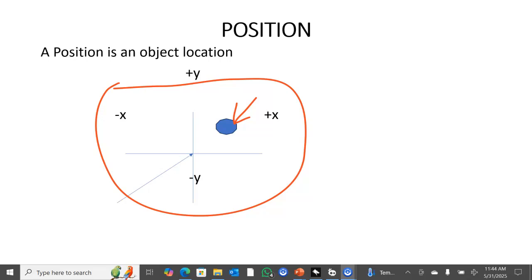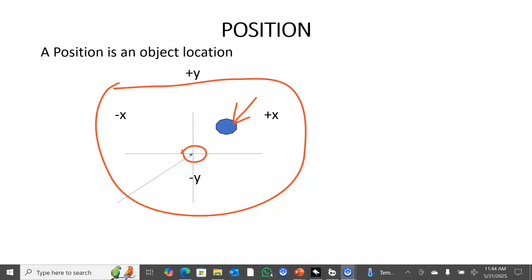This is the origin. A circle is its origin. The origin of this graph is always 0. It's either 0 on the x-axis or 0 on the y-axis. It's always 0 because the origin is mainly at rest. When you hear an object at rest is 0, the origin is 0, always 0.